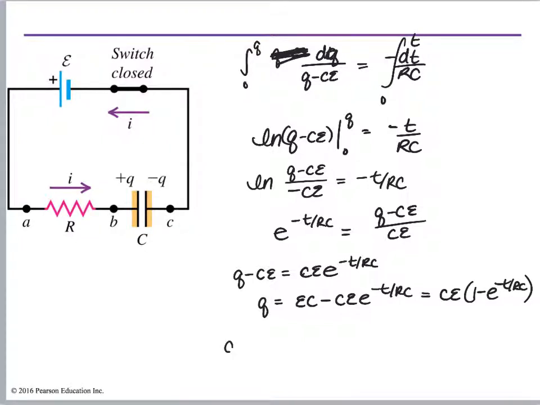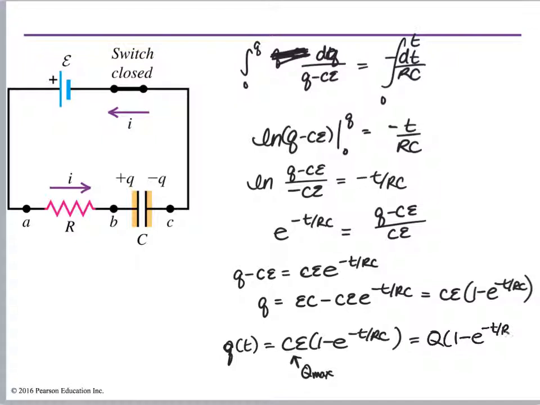So Q as a function of time is equal to CE times (1 minus e to the minus t over RC). And if you remember, this is Q max, the maximum charge the capacitor can get. We could write this as big Q times (1 minus e to the minus t over RC).